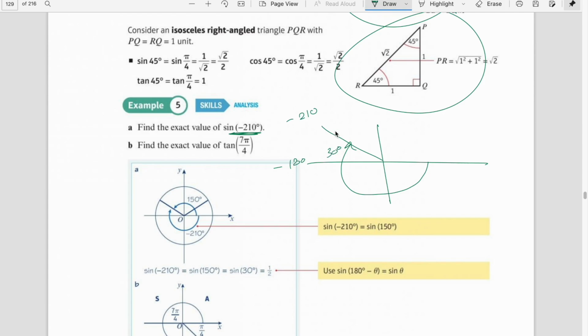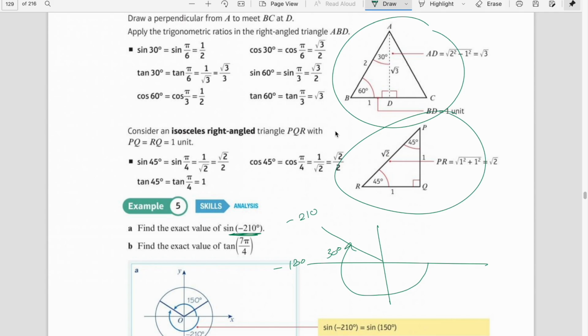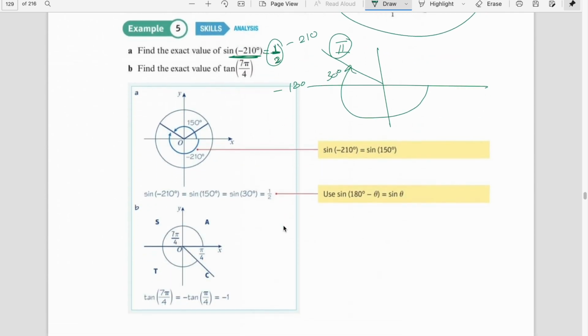So 30 degrees, I'm going to that triangle, and sine 30 is perpendicular over hypotenuse, which is 1 by 2. So negative 210 gives 1 by 2, and I already know I am in the second quadrant, and the answer should be positive 1 by 2, which is already written.